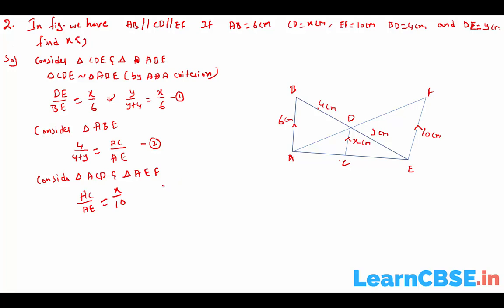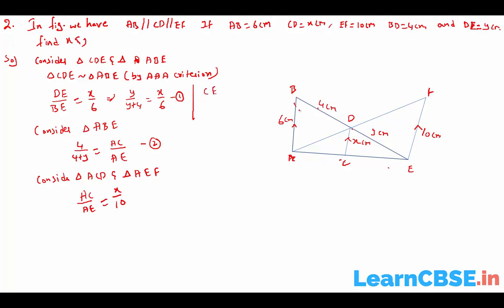Now if you observe this triangle, here itself we can write AC by AE equals to BD by DE.